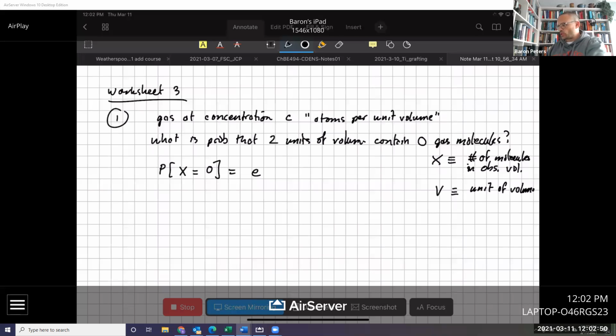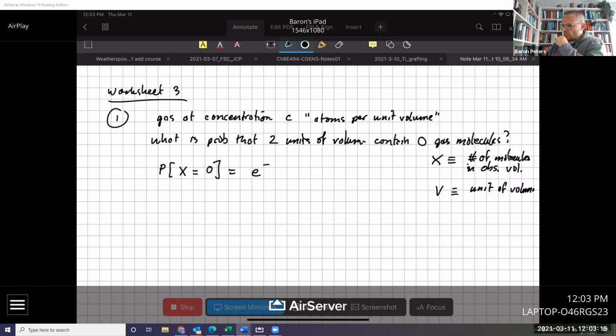The Poisson, remember, is lambda to the x, e to the minus lambda, and then we're going to divide by x factorial. In this case, x is just 0. So all we have is the e to the minus lambda term.